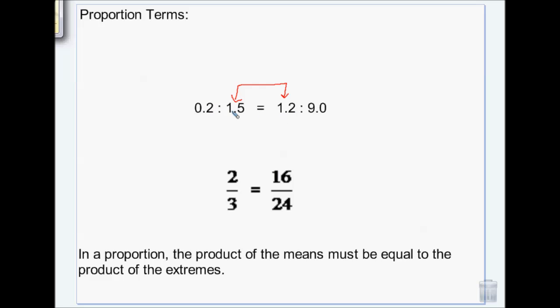If you have a proportion set up, the two middle numbers are the means. These two numbers. Okay, the two outside numbers are called the extremes.